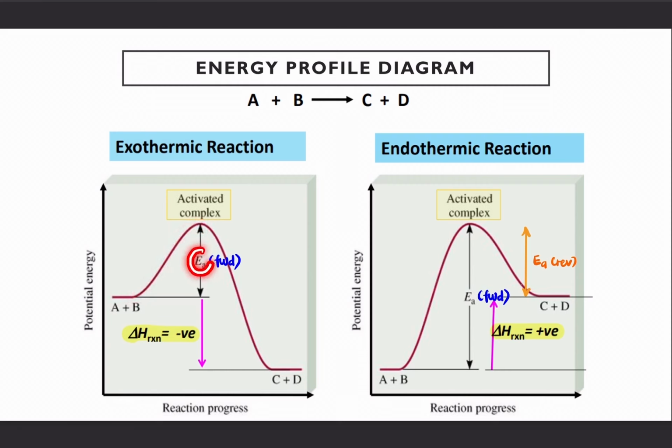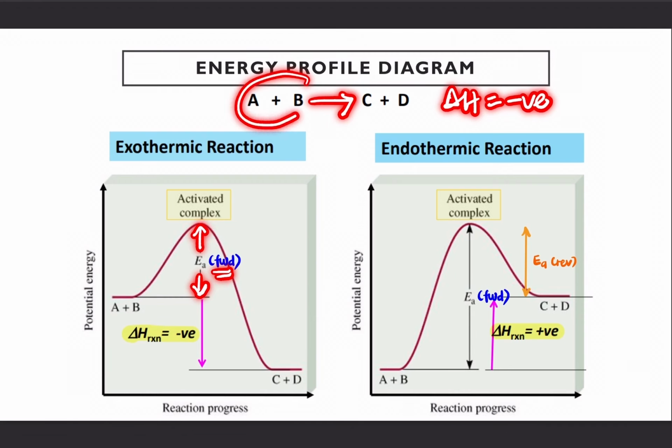This is your activation energy, the minimum amount of energy required for a forward reaction. From this to this is delta H negative. Forward reaction means these are your reactants, these are your products. From there, to form products, you will lose energy, release energy.